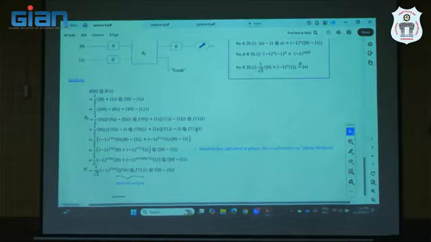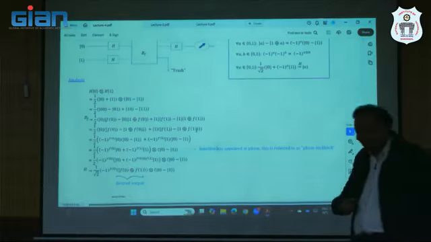If it turns out to be 1, the other will automatically become 1. That connection is the entanglement. They are entangled.